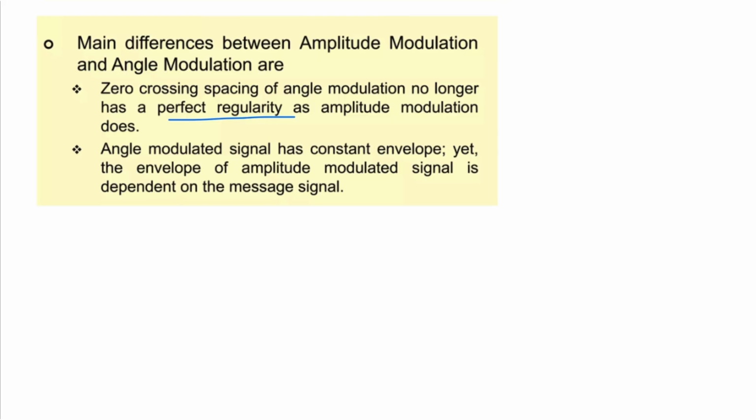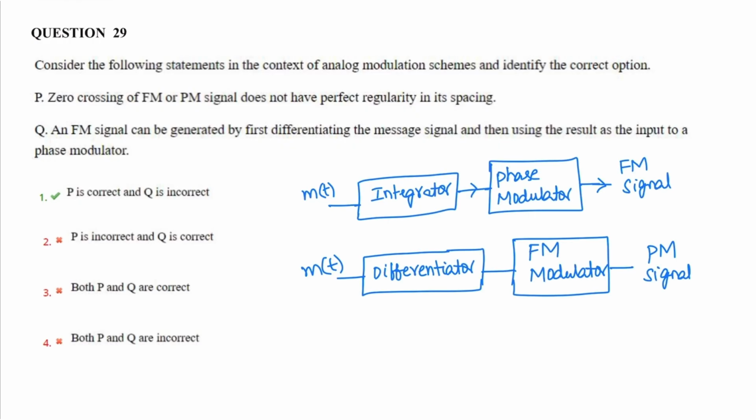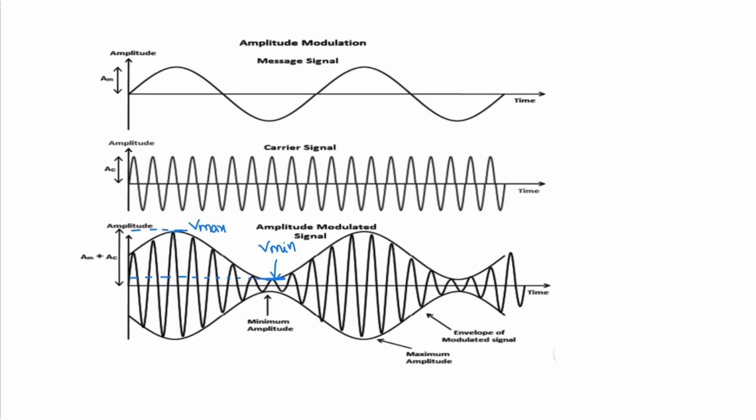And one more thing is, an angle modulated signal has constant envelope. The envelope of an amplitude modulated signal depends upon the message signal. Zero crossings of an FM or PM signal, that is an angle modulated signal, do not have perfect regularity in their spacing. It is irregular. So statement P is correct and statement Q is incorrect.